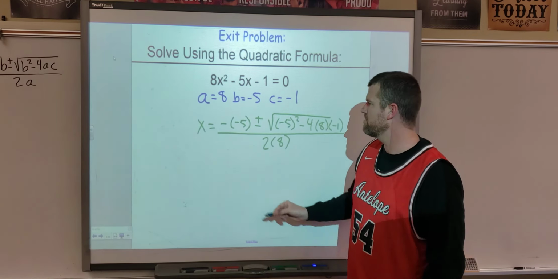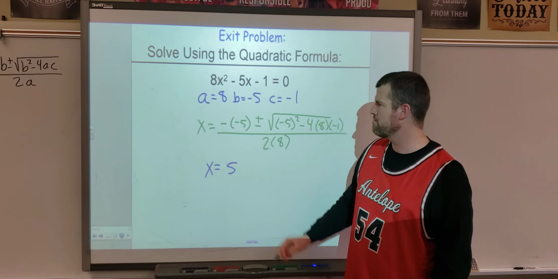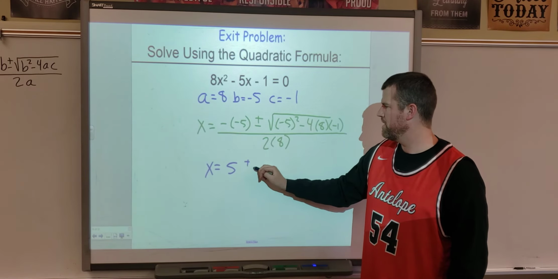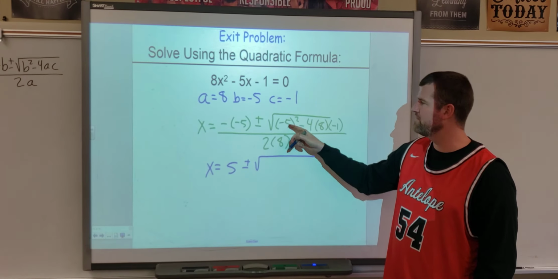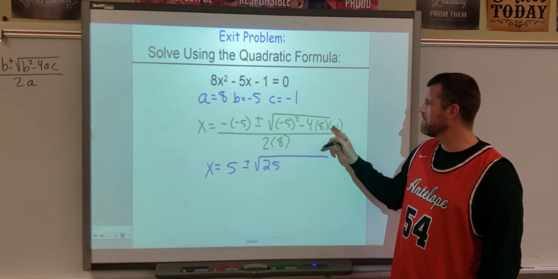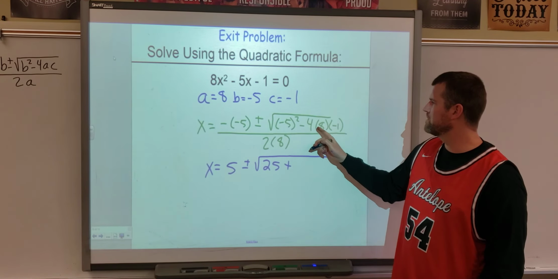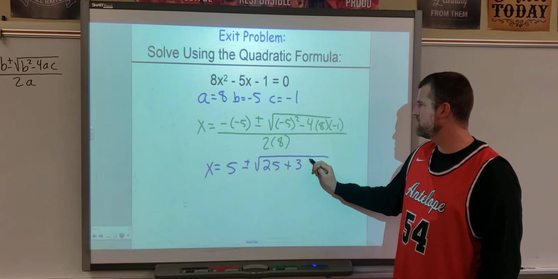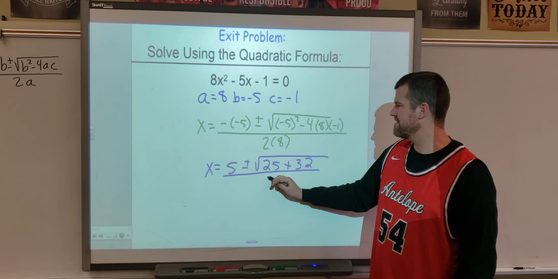All right, continue simplifying. X equals 2 negatives make a positive, so positive 5, plus or minus the square root of negative 5 squared. Negative 5 times negative 5 is positive 25. Minus, but then we have another negative. 2 negatives make a positive. 4 times 8 is 32. All over 16.